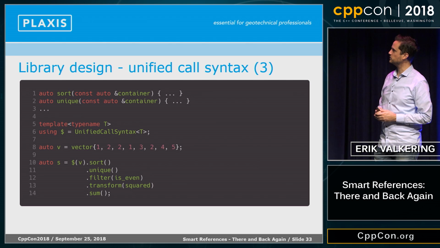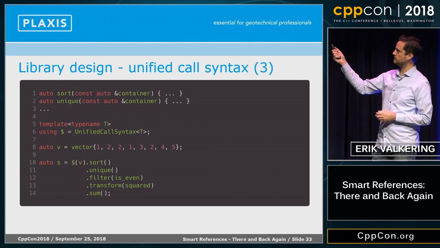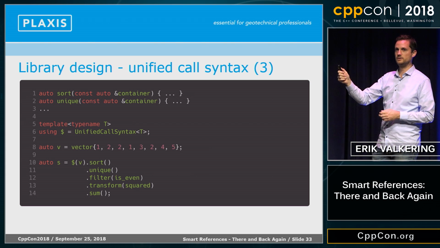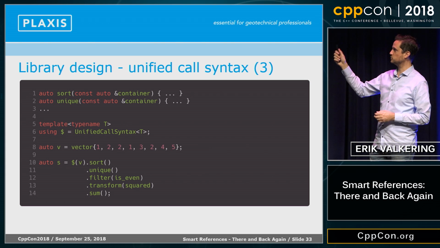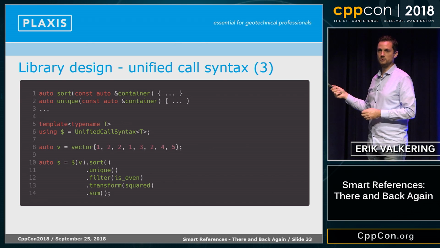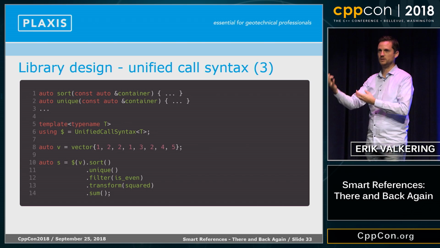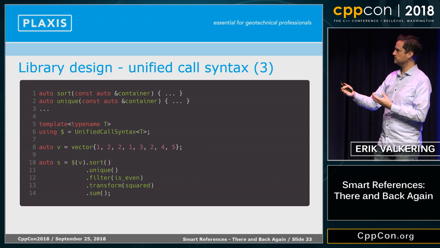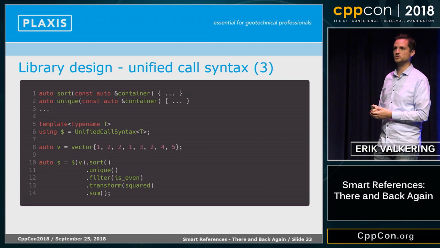Then we have our vector, and now we can wrap this vector inside this dollar, and then we can say dot sort, dot unique, dot filter, dot transform, and dot sum. And what it actually does under the hood is use the free function, so this non-member function. But as a developer, you can use the member function syntax.